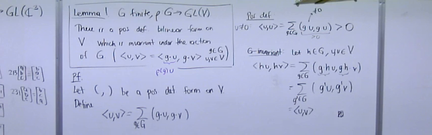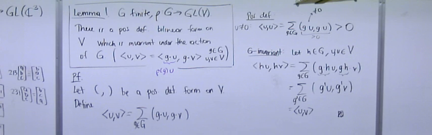So let's say that rho 1 takes G to GL of U1, and rho 2 takes G to GL of U2. Then I want to glue these together. Now, again, you can think of this as given a matrix for each one of these.